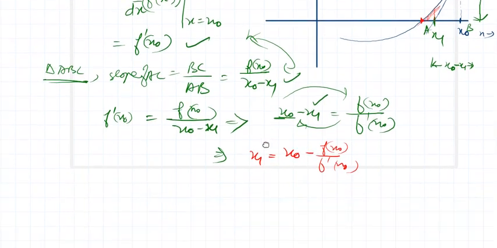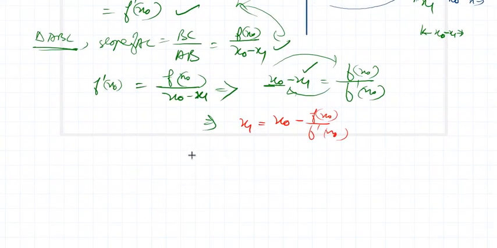So similarly, using x1, I can find x2. x2 is x1 minus f of x1 over f prime of x1, and so on.